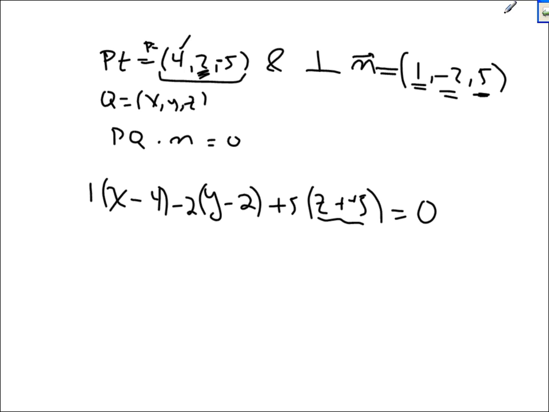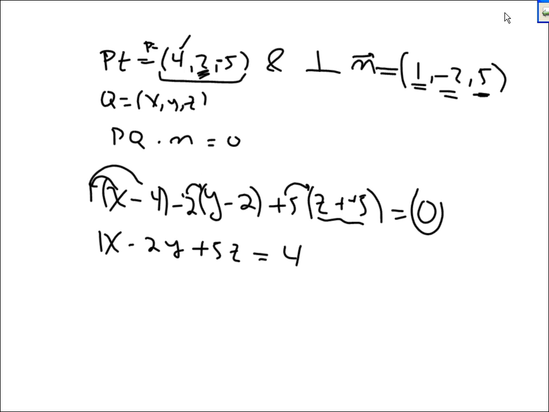But now you have to clean it up. We have 1x minus 2y plus 5z. But we also have minus 4. But you know what? Remember, the other side is 0. So when I bring the minus 4 to the other side, it becomes plus 4.